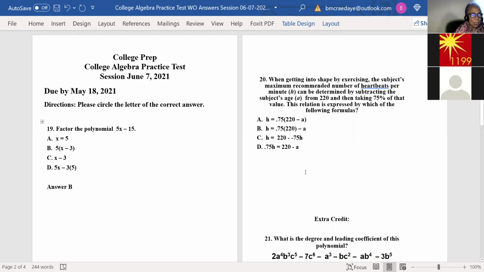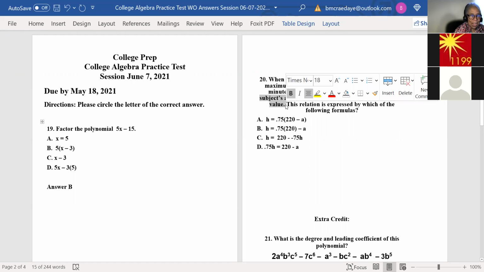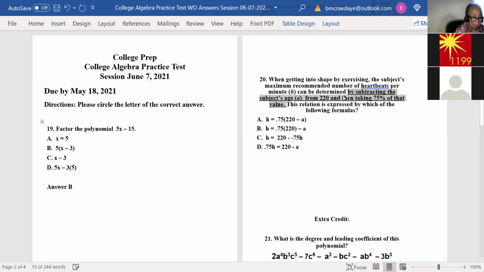So you said it was D? I did D, but the answer was A. I circled A first, but then I changed my answer. Yeah, when you read it carefully, it says subtracting the subject's age from 220.